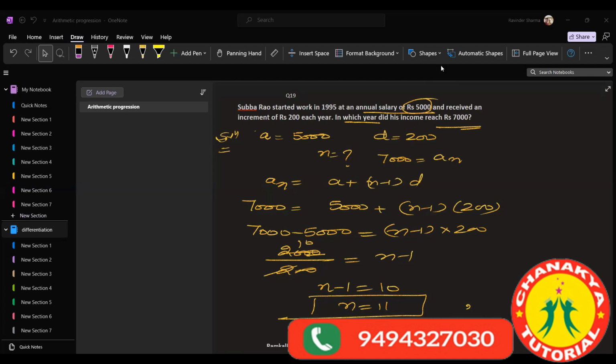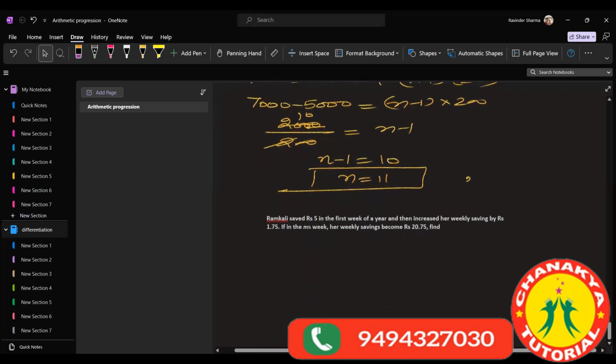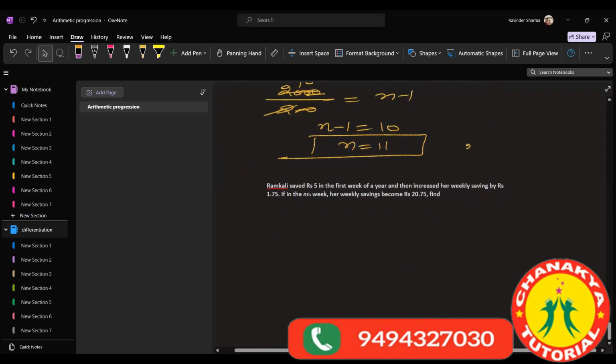Completed? Okay. Now the next question is: Ram Kali saves ₹5 in the first week of a year and then increases her weekly saving by ₹1.75.